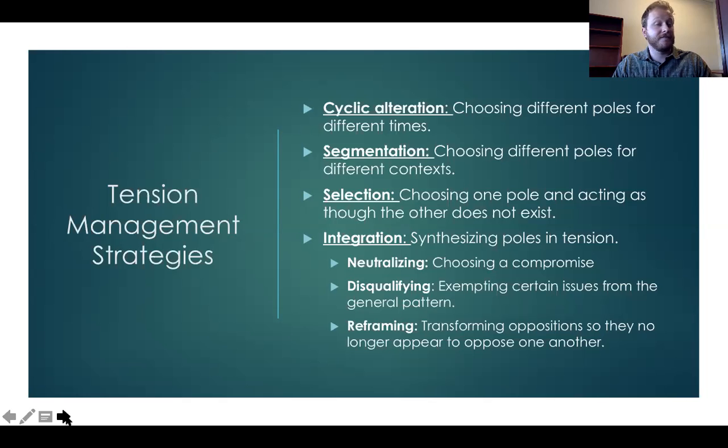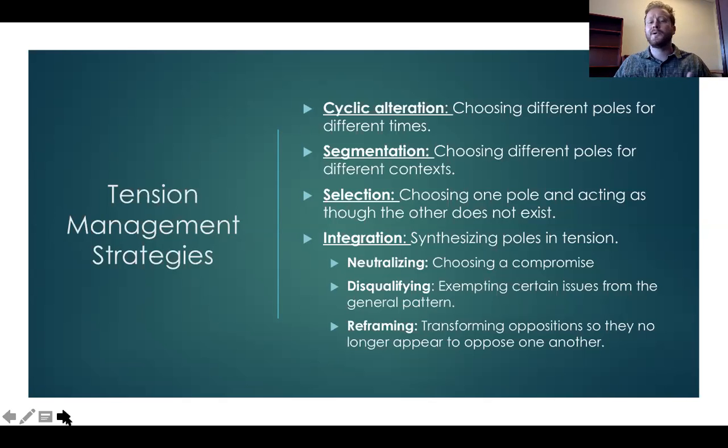Maybe I use different forms of communication in public settings versus those private settings. Maybe I add more self-disclosure within those private settings, and I am a little bit more superficial or a little bit more surface level with the communication that I'm doing within those public settings. So segmenting your communication based on the context that you're in.